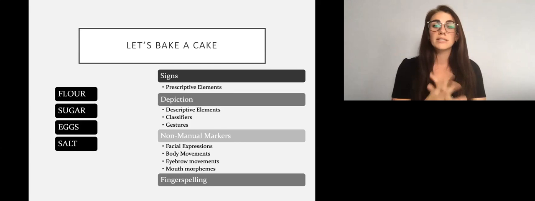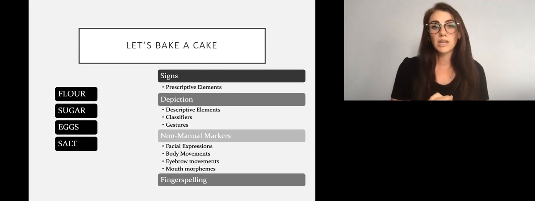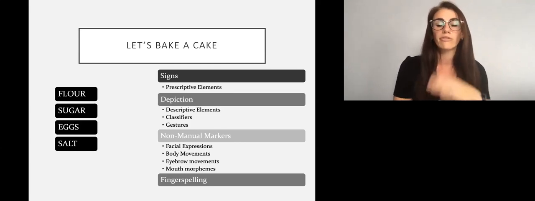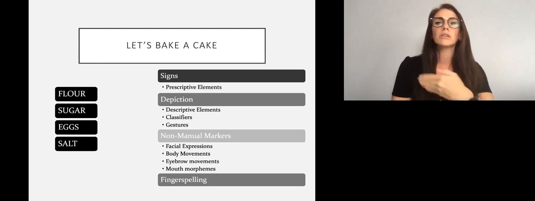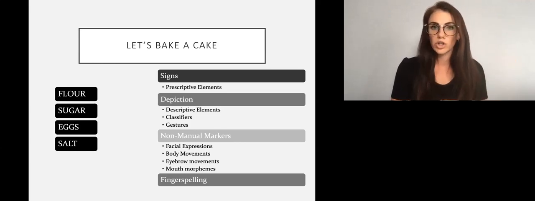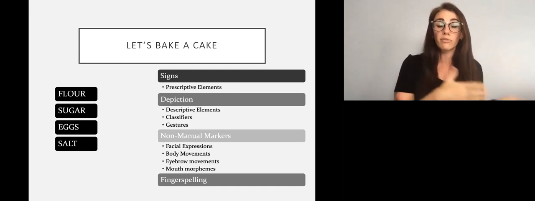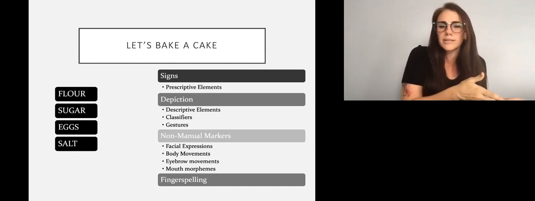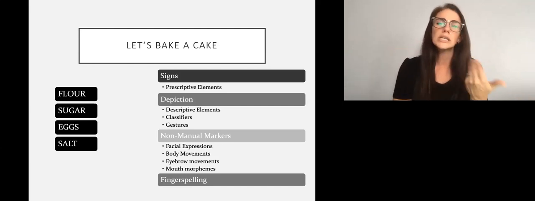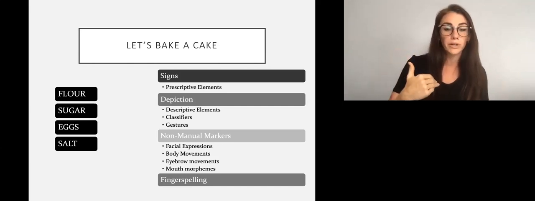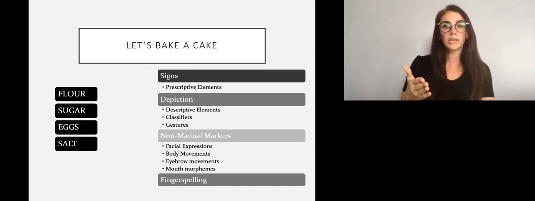One of my favorite things is when students say, oh, I know ASL, and then they flick me off. That's a gesture. That's not a sign. And there are lots of universally understood gestures that deaf people implement into their language, but it doesn't mean they're signs, like this. That's actually not a sign. That's a gesture for come here. English people would understand it.